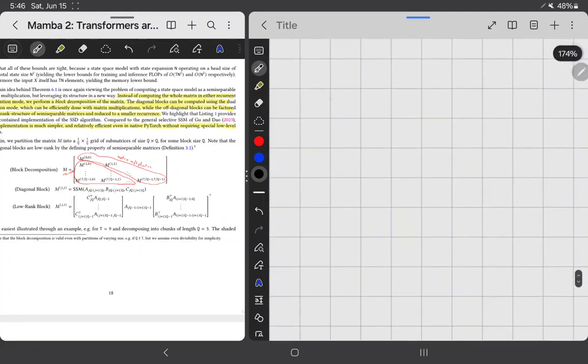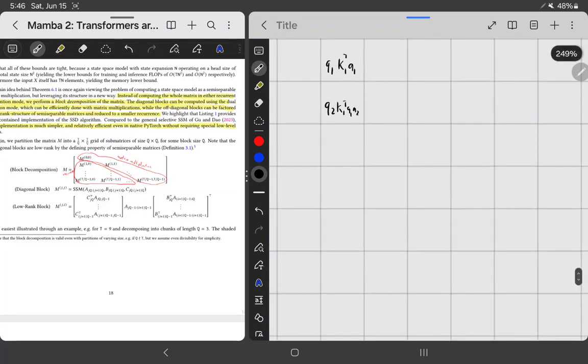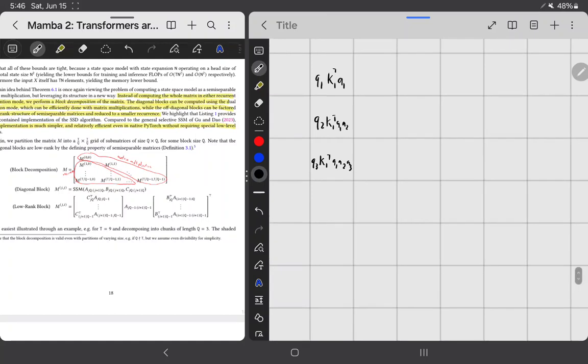So this matrix here, we'll start with Q1, K1, A1, and then Q2, K1 transpose, A1, A2. And I'll just define this up to Q3. So Q3, K1 transpose, A1, A2, A3. There we go, I fit it.